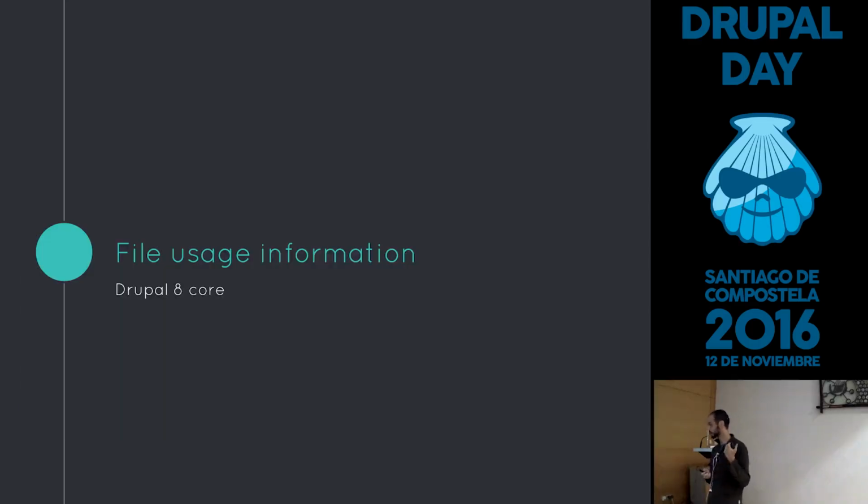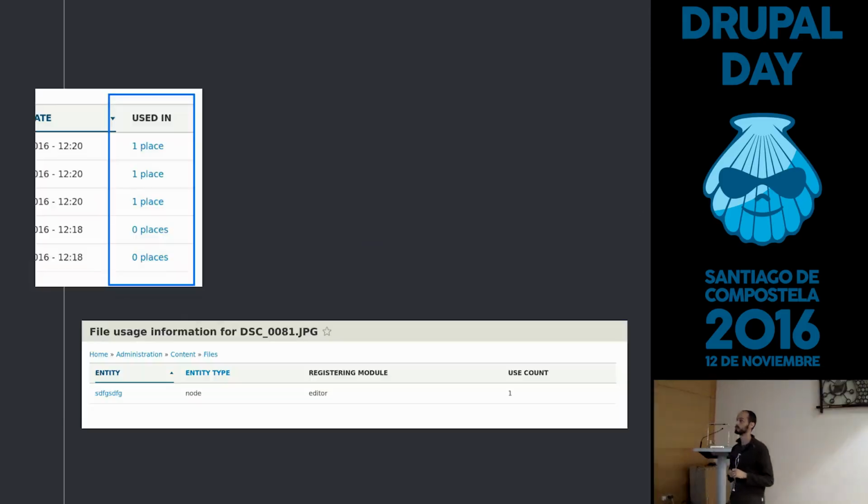And it also presents us this nice file usage information, where we can track where our files are being used in our site. It works also for files that are embedded into WYSIWYG areas. So all this is ready.